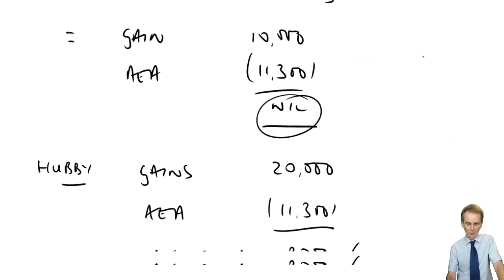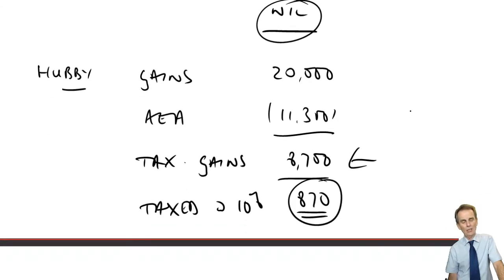That £3,740 has been brought down to £870, a saving of nearly £3,000. And did it take us long to figure out that plan here? No, it didn't. Again, what we're doing is making use of each spouse's AEA, and then each spouse's basic rate band, if they have any available, so as to minimise the tax charges felt mutually by the couple here.